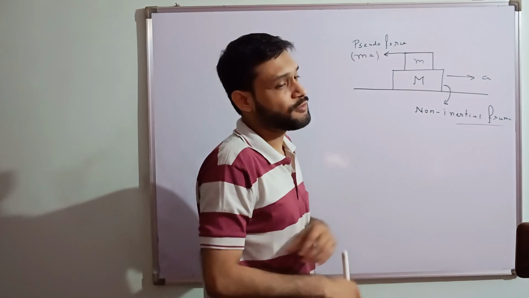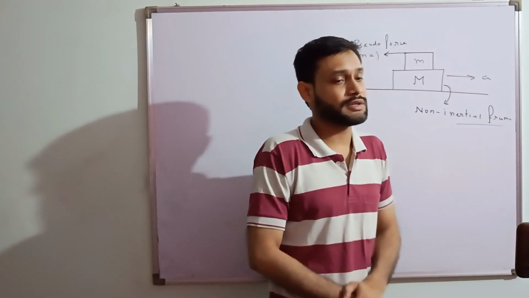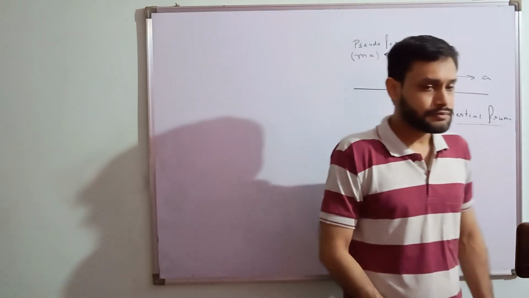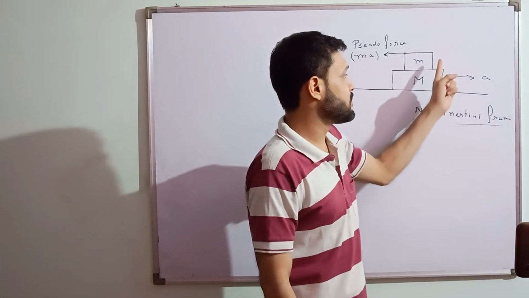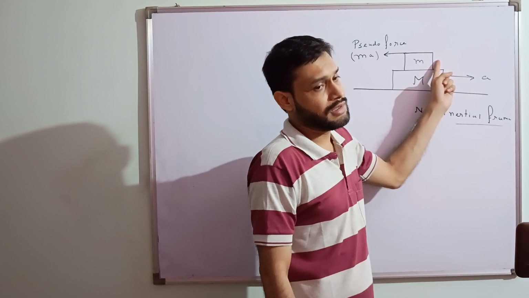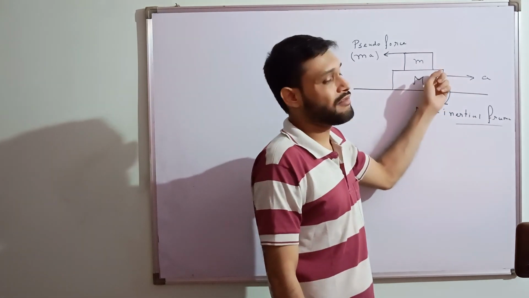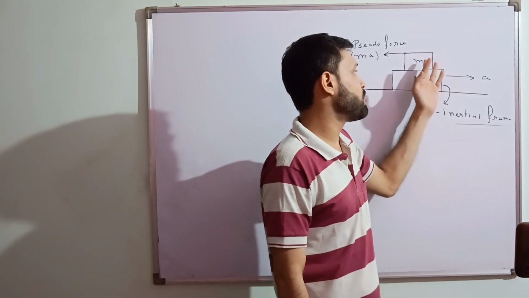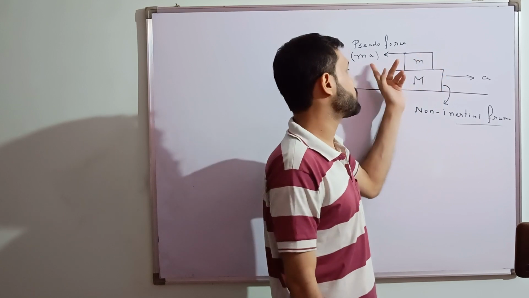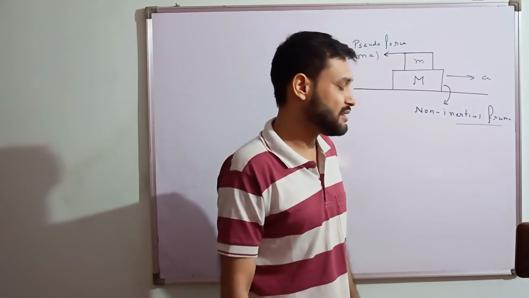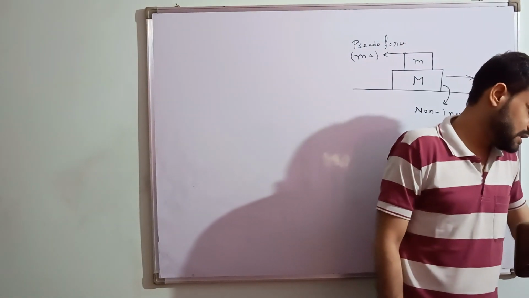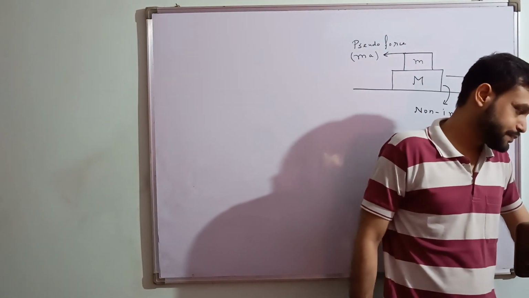While it goes backward, friction is going to hold it and oppose the motion. But if this force is more than the friction force, then it will start accelerating in the backward direction.